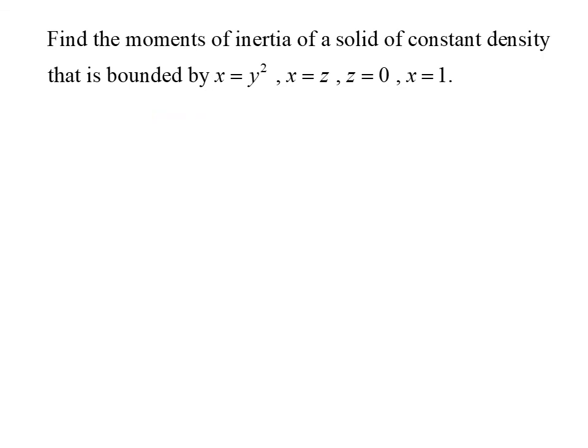So now we're going to turn our attention to finding the moments of inertia. If you remember, the moments of inertia were very similar to the first moments in that they have to include the distance squared, this time from the respective plane.